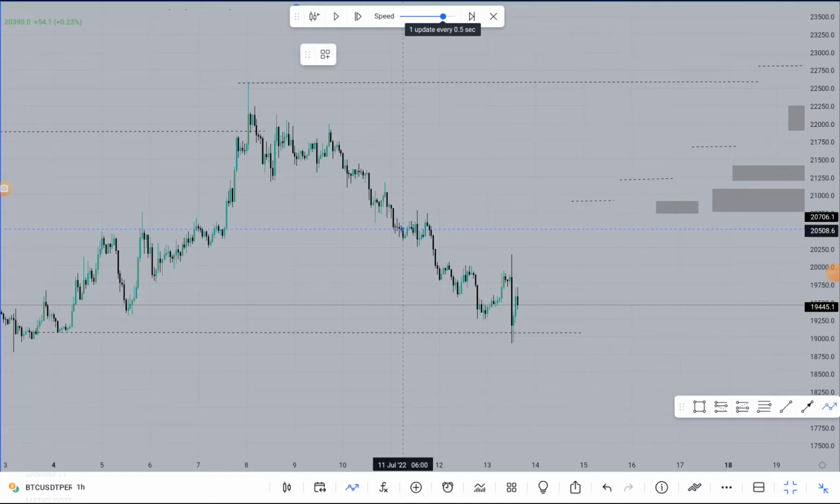Now look at this. From here, price pulled back, came back down, came back down here, price pulled back, came back down here, price pulled back, came back down here, then price pulled back and came here. So we want price to pull back higher.